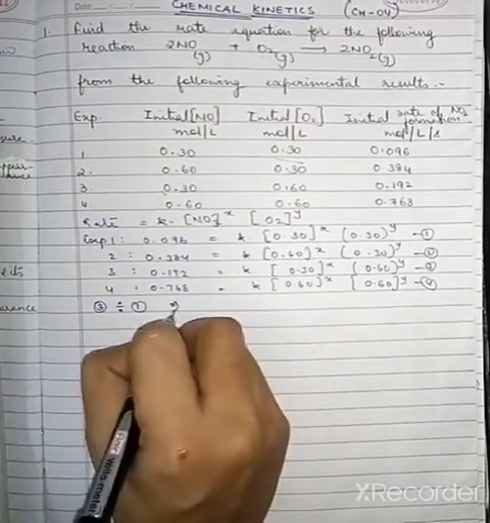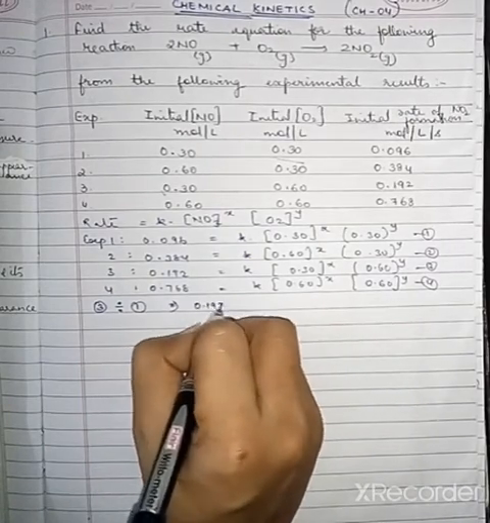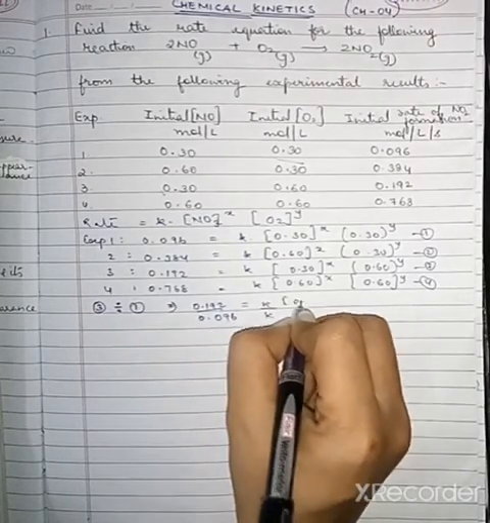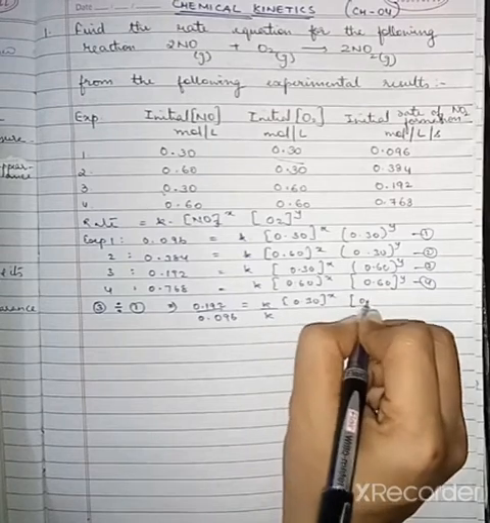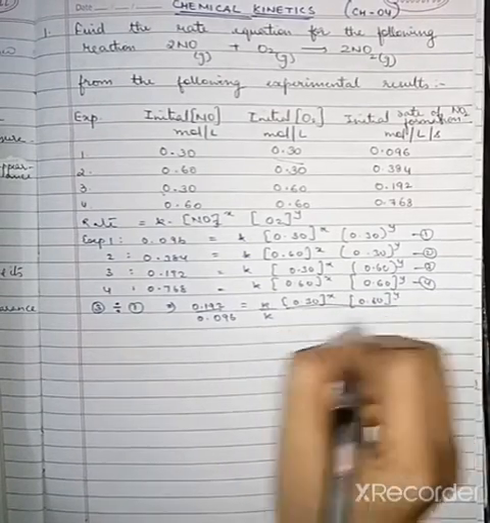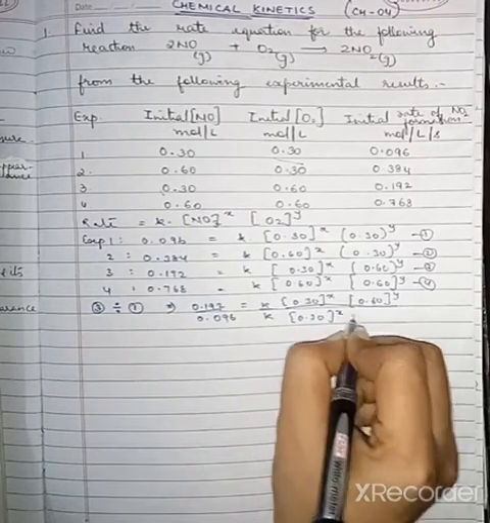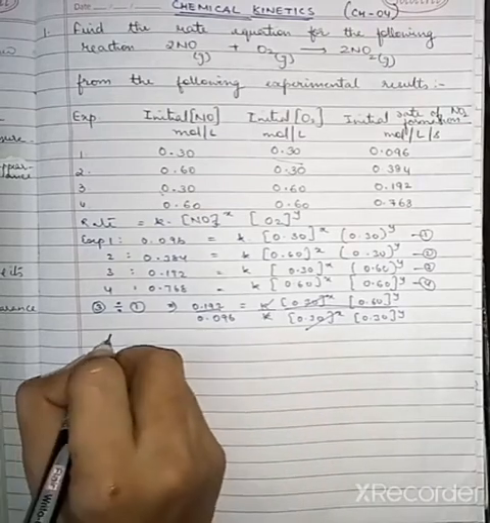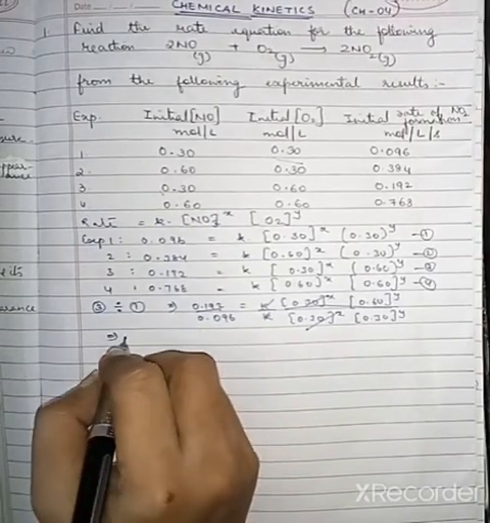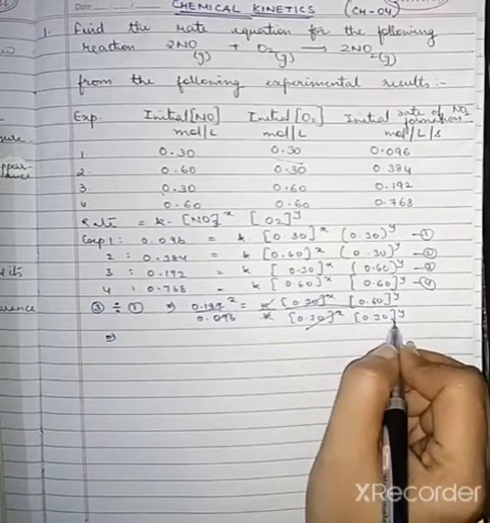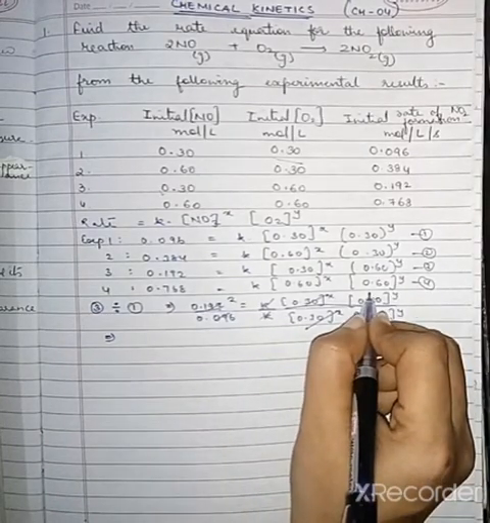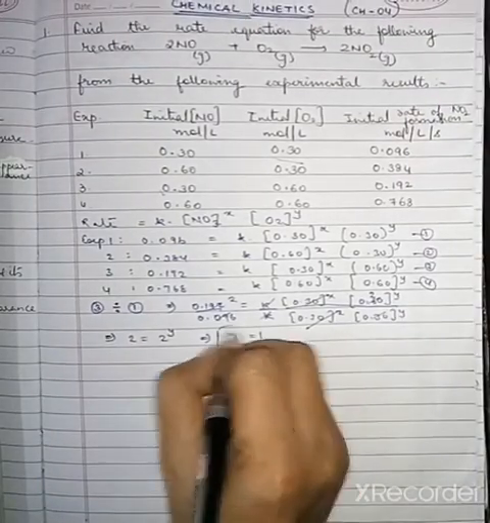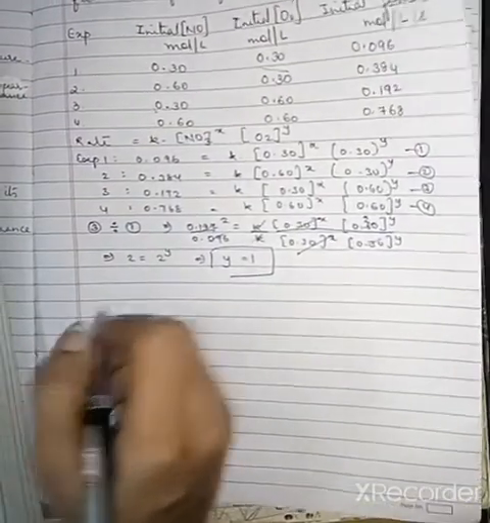So what do we get? 0.192 divided by 0.096 is equal to K divided by K, 0.30 to the power x and 0.60 to the power y, divided by 0.30 to the power x and 0.30 to the power y. ये टर्म्स कैंसिल आउट हो गए. सो व्हाट वी कैन गेट इज 2 और ये क्या आ रहा है 2. तो 2 इज इक्वल टू 2 to the power y. दिस मीन्स y इज इक्वल टू 1. तो y की वैल्यू आ गई.